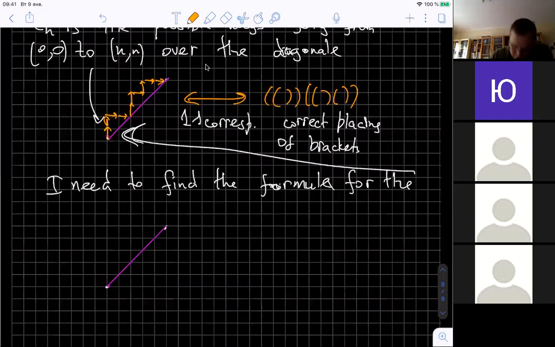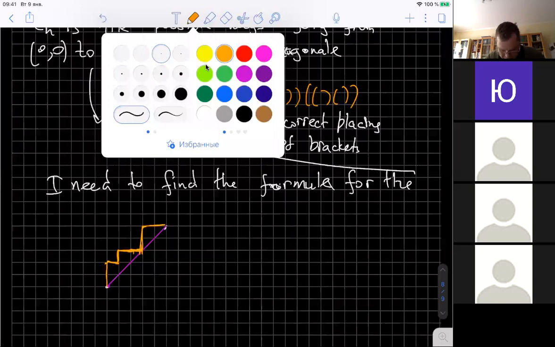So we suppose that we have some way that is going over the diagonal, but I need to have an additional construction.